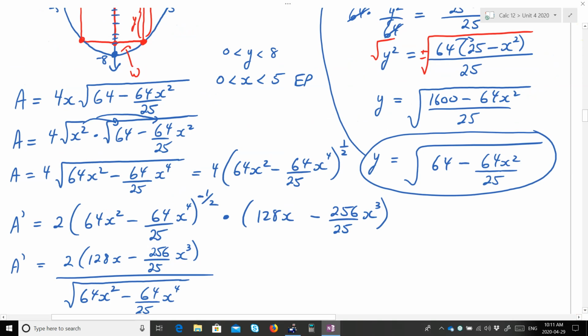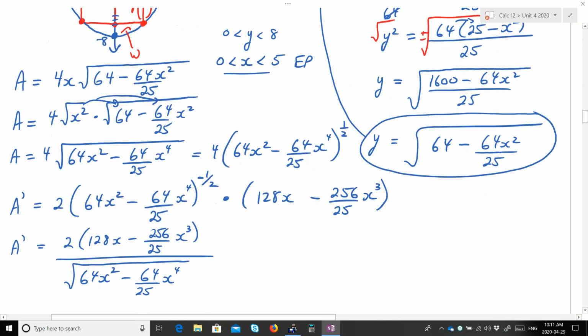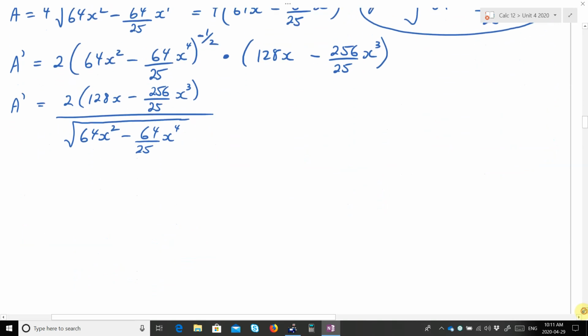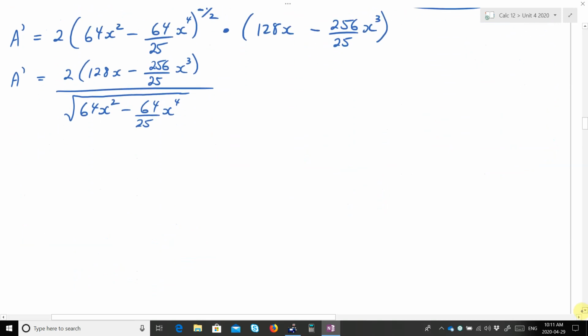And remember, x has to be between 0 and 5. Those are our endpoints. And we have to find the critical points. So A prime does not exist when the bottom works out to 0.